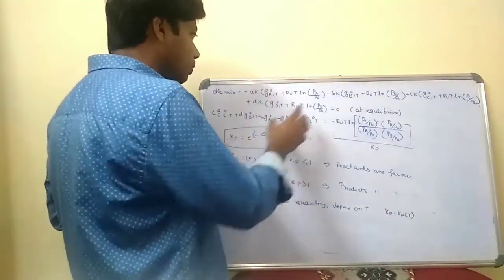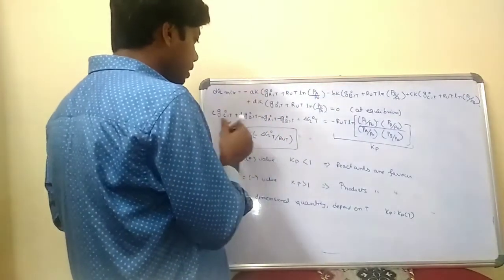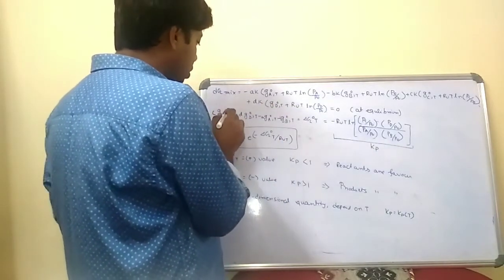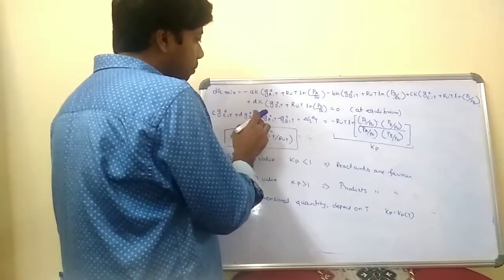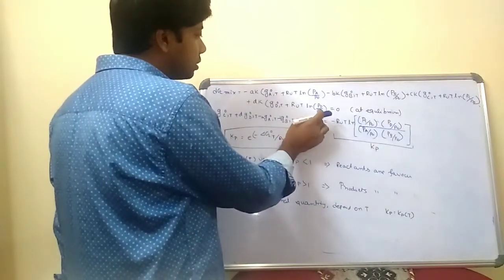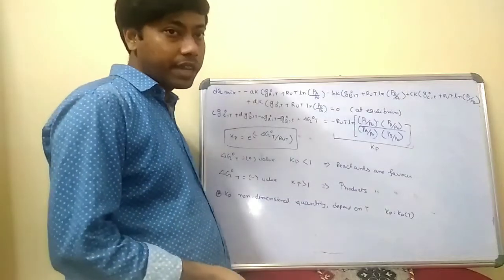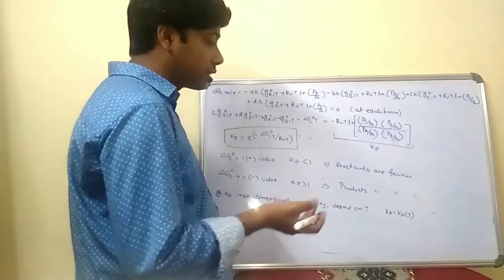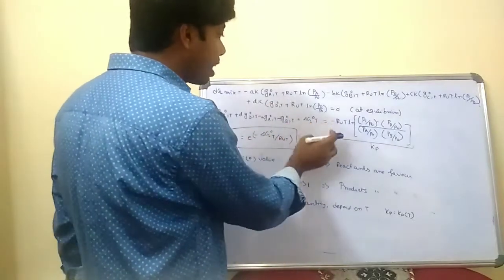Okay, so if it is 0, then the equation becomes c gc naught T naught, similarly d gd T naught minus a ga minus b gb, which is equal to delta G naught T, the change of Gibbs free energy at a particular constant temperature and constant pressure, or standard pressure and standard temperature, and that will be minus RuT ln Kp.